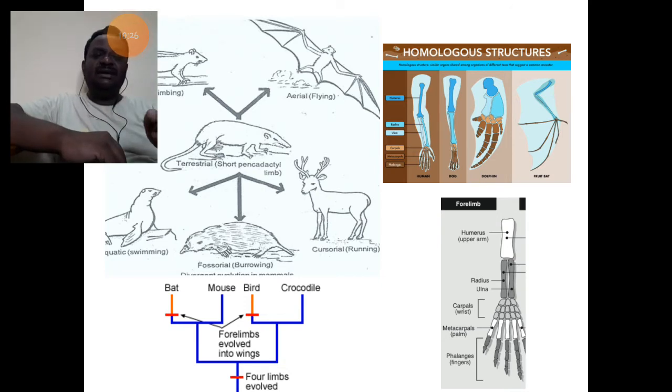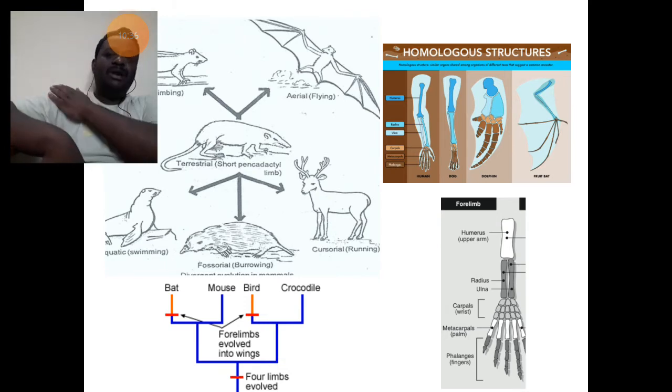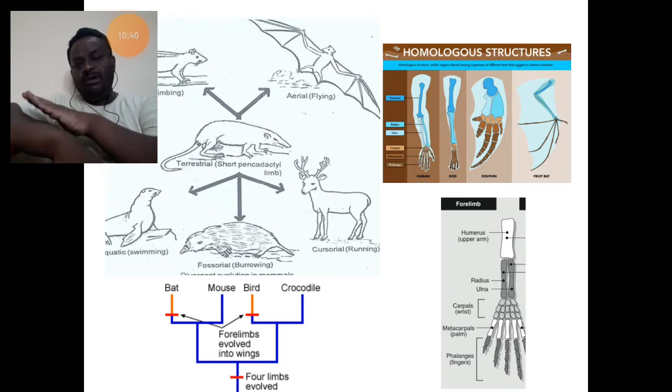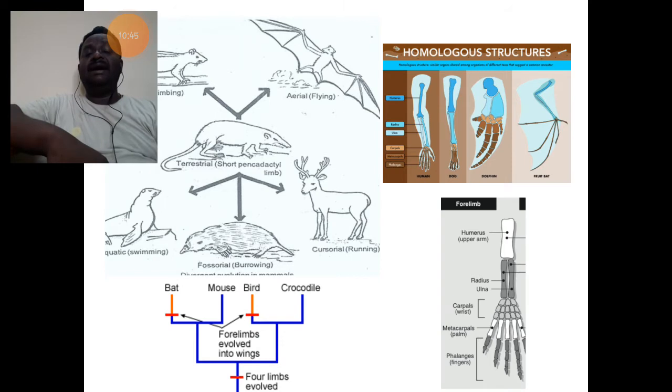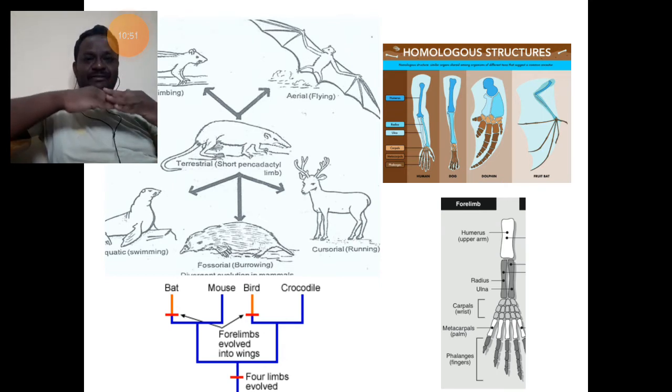Towards the right side of the slide down, you can see the pictorial representation of this pentadactyl limb structure. The upper arm is made up of a single bone called the humerus. The forearm is made up of 2 bones called the radius and ulna. Down are the carpals, then the metacarpals, then the phalanges.